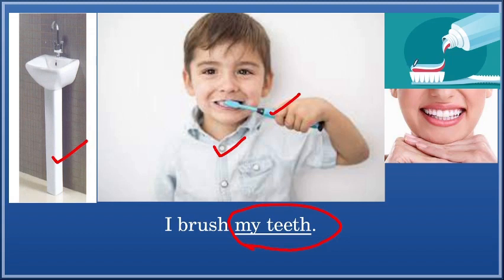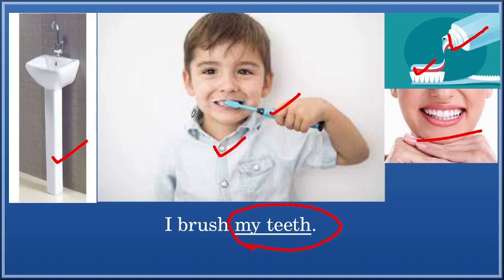We can see a toothbrush and a toothpaste, and we can see a smile with white, clean, sparkling, shiny, beautiful teeth. So what are the things we can see? Wash basin, boy, that's how they name.